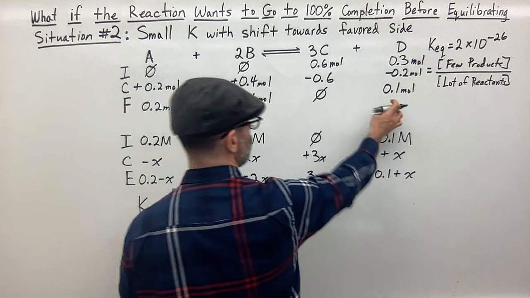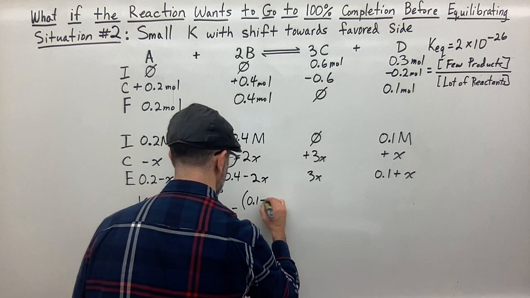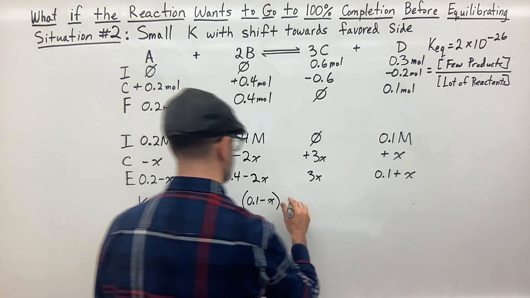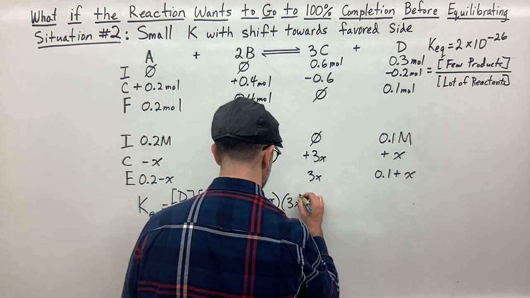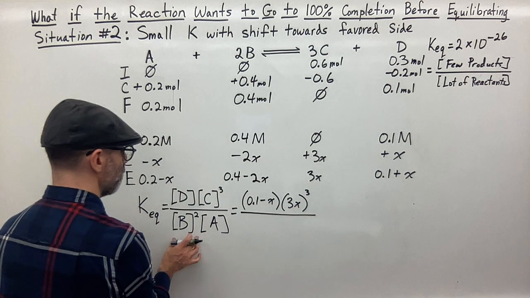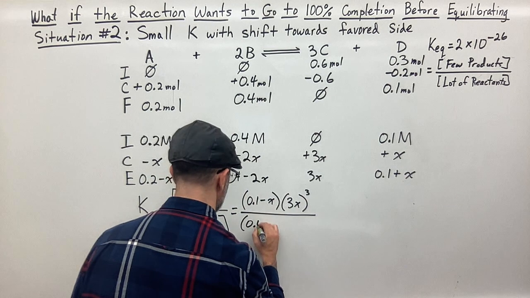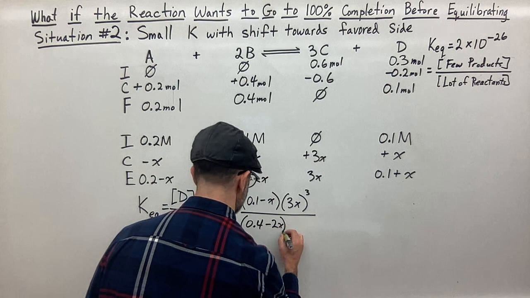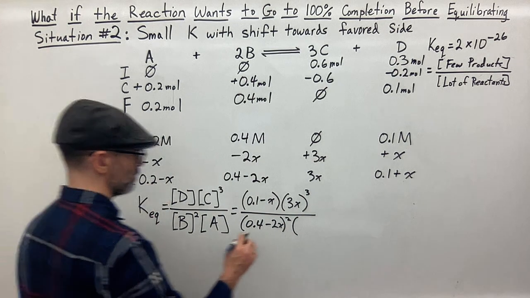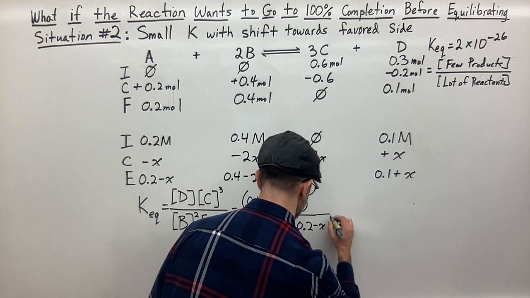So D is 0.1 minus x. C is 3x, so that's going to be 3x cubed. And B is 0.4 minus 2x squared, multiplied by A, which is 0.2 minus x.